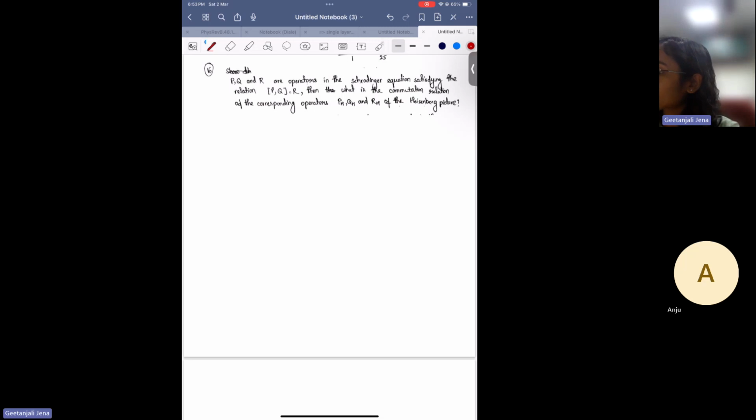Okay. So let's see our next problem. This problem is based on the Heisenberg picture and the Schrodinger picture.